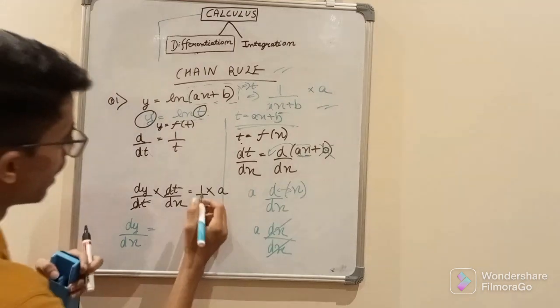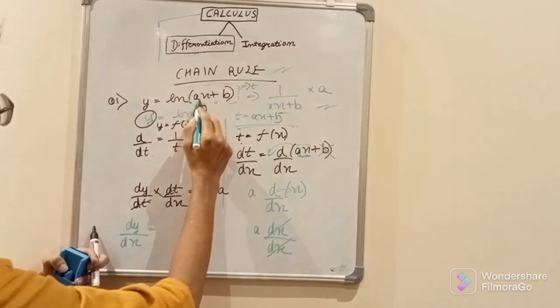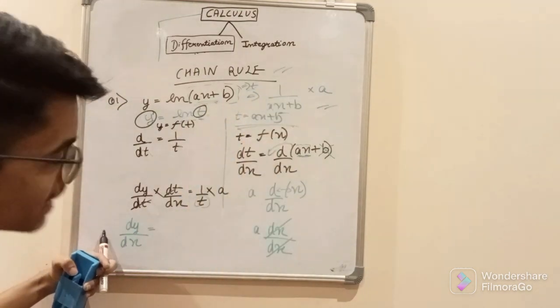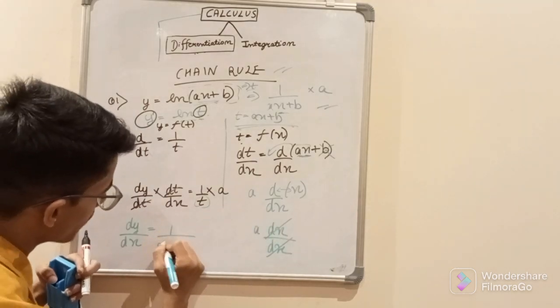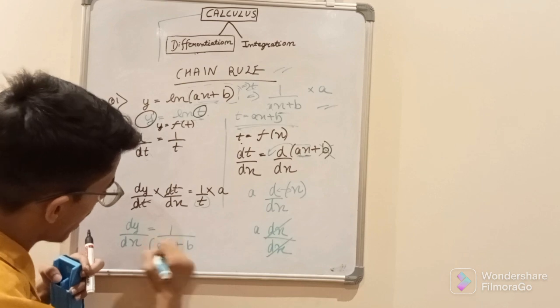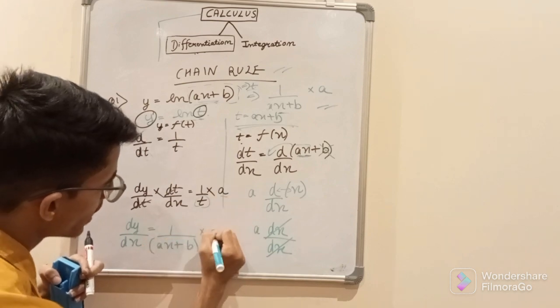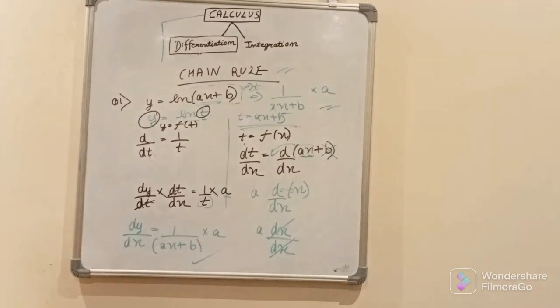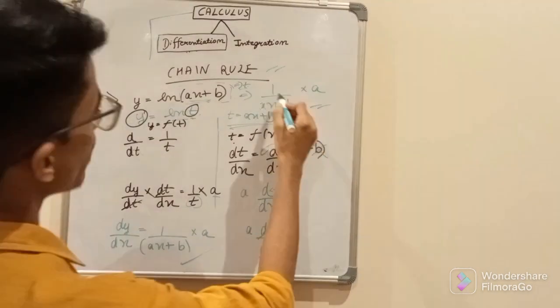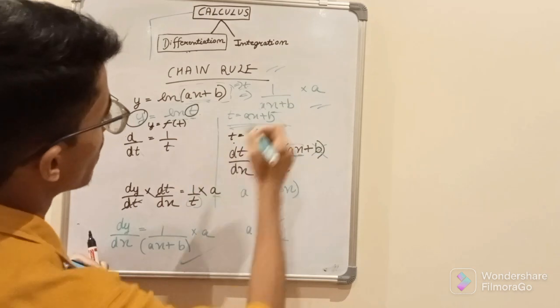multiplied by a. Now in the beginning we assumed ax plus b as t, so we'll have to just put the values of t, that is ax plus b, and this is multiplied by a. Now this is the derived answer, and this is a formula based answer.